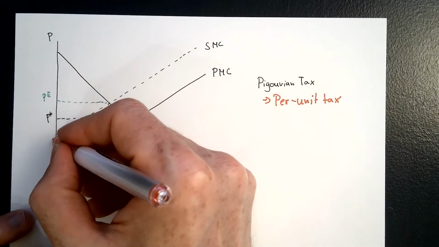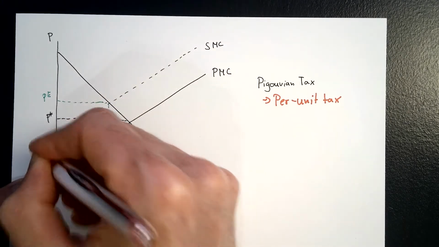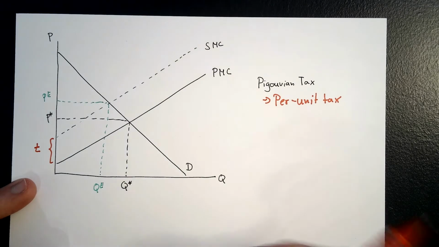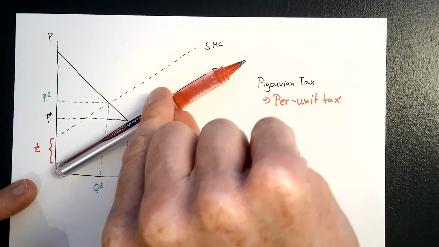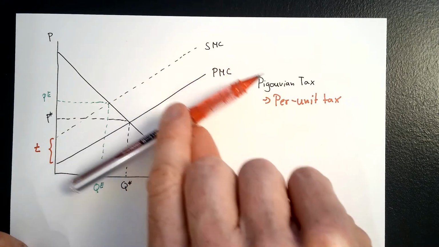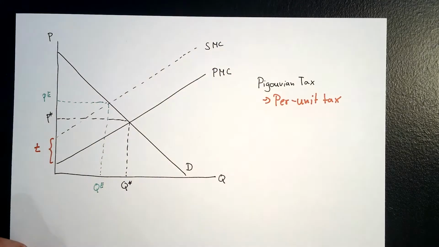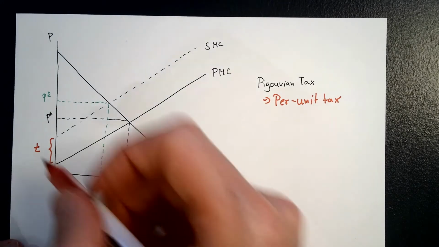If you remember, if we have a tax, then the marginal cost shifts upward. This is exactly what we want.